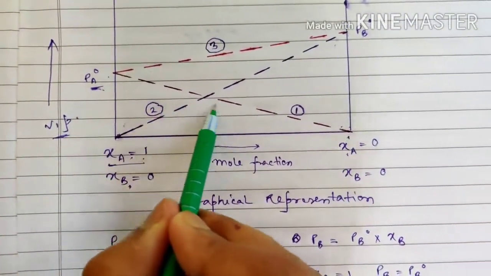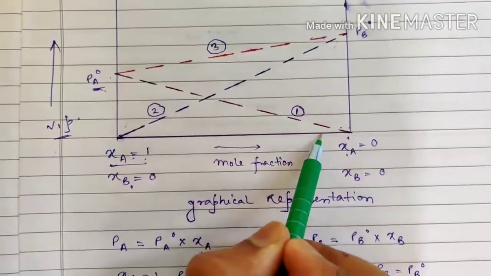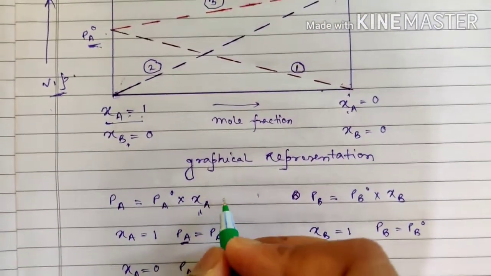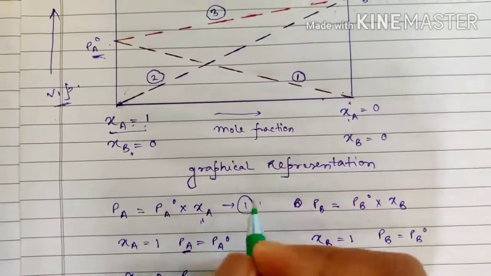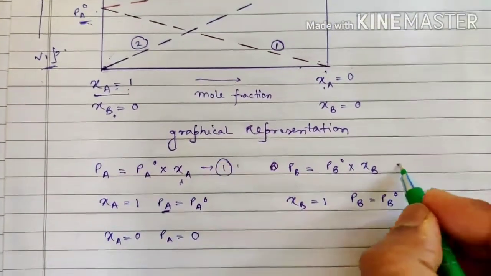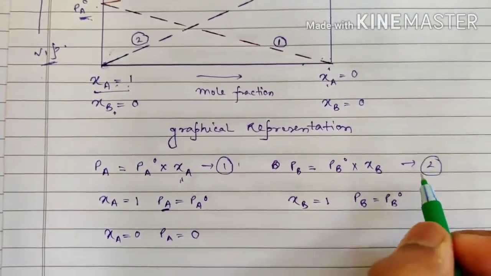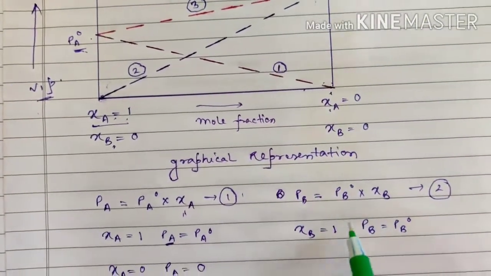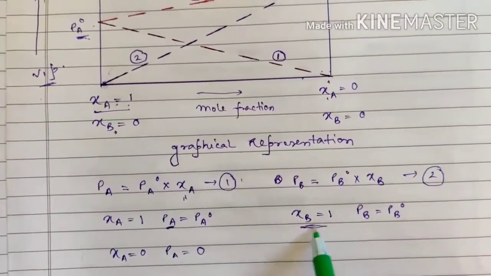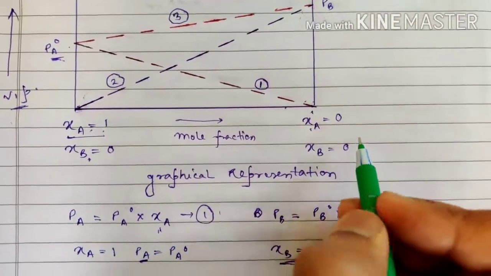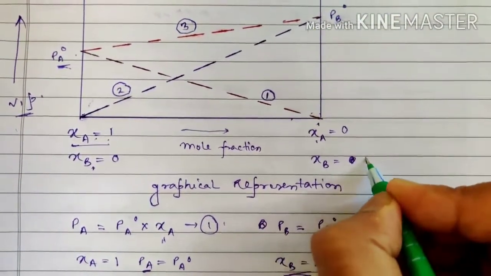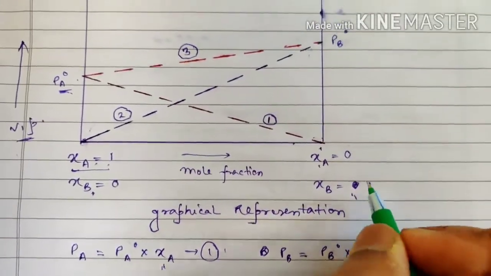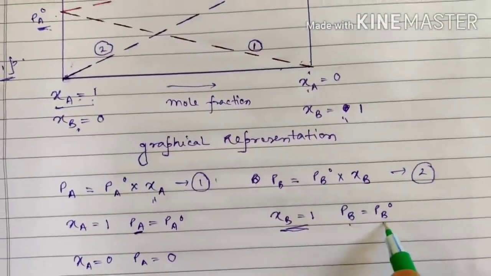So see this line, the black one. This line actually represents equation number 1. Similarly, this one actually represents equation number 2. Let us see over here. This one suggests, sorry, this one should be XB is equal to 1. For XB is equal to 1, PB is equal to PB0.